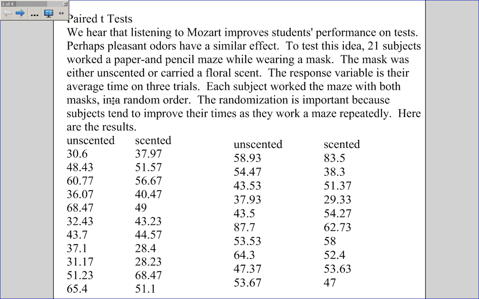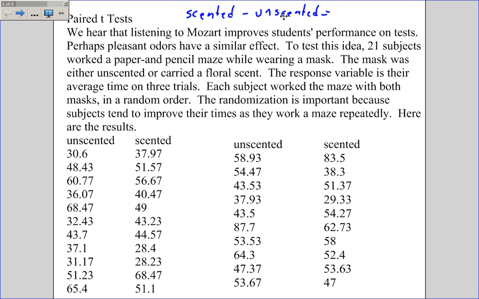So if I take scented minus unscented, we want this time to decrease. We want scented to be less time than unscented, because we want to see if the scented decreases the time it takes to do the maze.